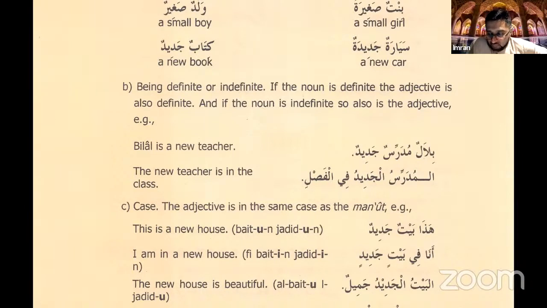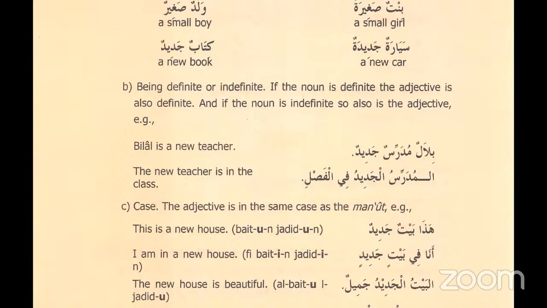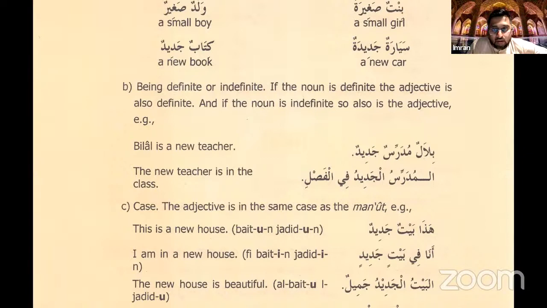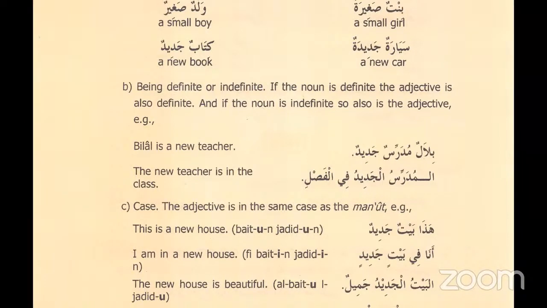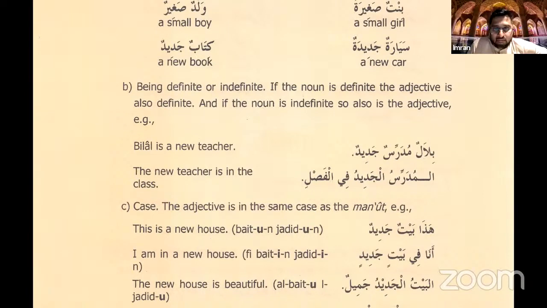Al-mudarrasa al-jadid. Okay, I understand that now. So basically, this is the whole sentence then. Al-mudarrasa al-jadidu fil fasli. That means it's the whole sentence. Exactly.